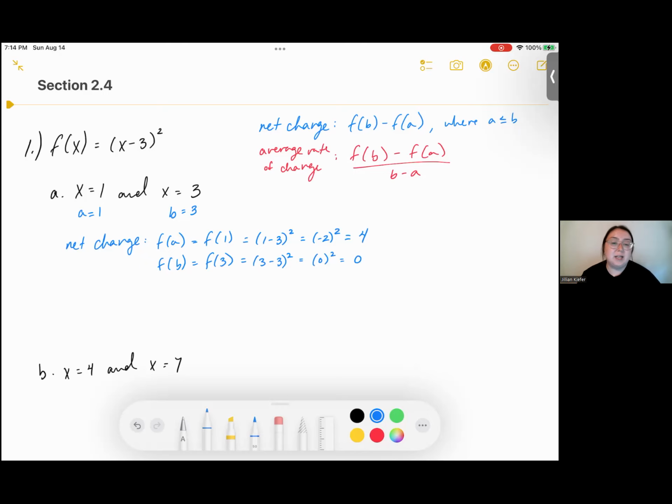So when we want to calculate net change, which is f of b minus f of a, in our case we're just going to write this out: f of 3 minus f of 1.